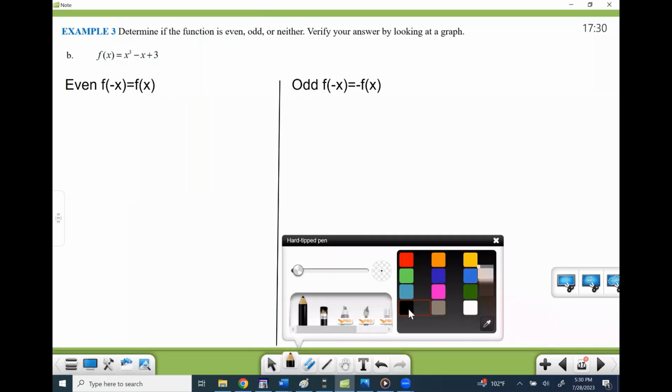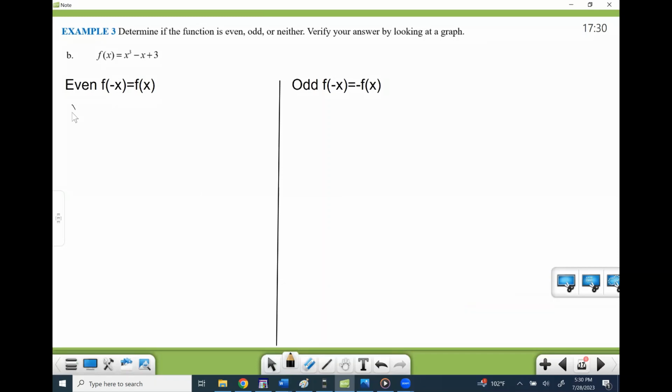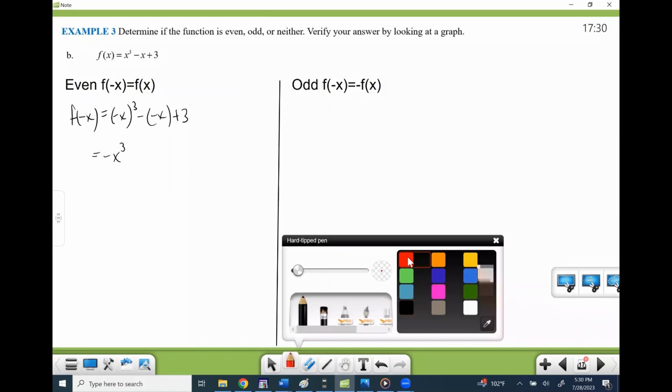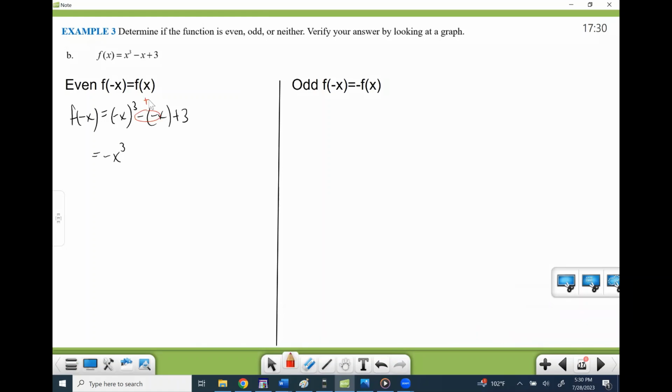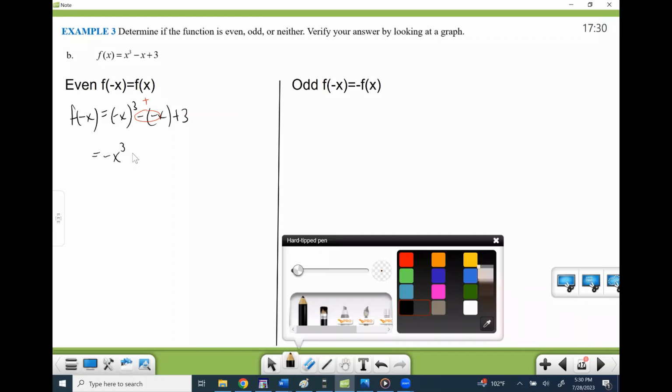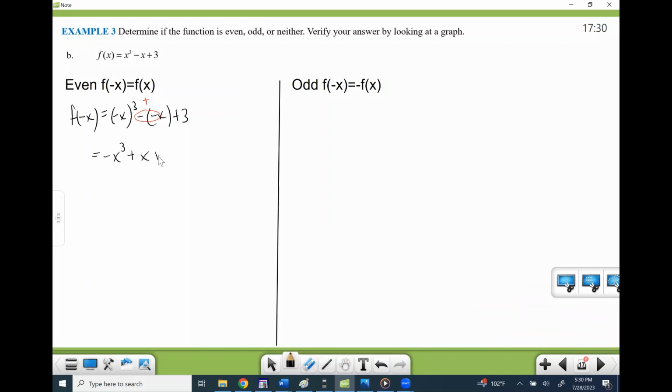So let's substitute a negative x in for x. Negative raised to an odd stays negative. Right here, we're going to take this minus a negative and make it a plus. Now, the question is, is this the opposite of the original? This is not the opposite of the original.